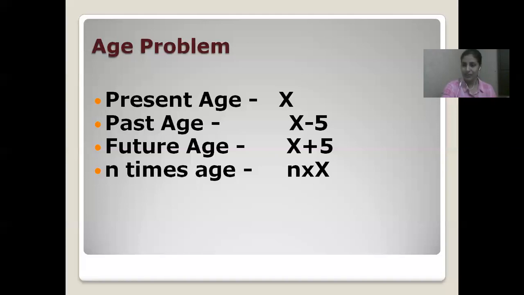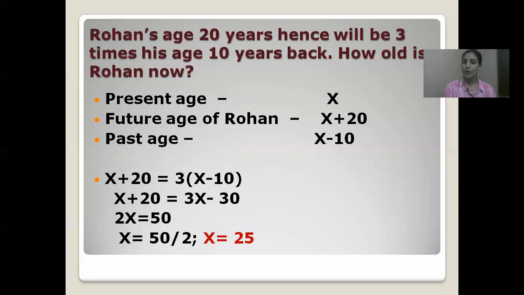So let's have a look at the problem. Rohan's age 20 years hence will be 3 times his age 10 years back. How old is Rohan now? So again, we are taking Rohan's present age as X. Then keep in mind that we are segregating the question into 3 parts. Rohan's age 20 years hence, that is the first part, and his age 10 years back, that is the second part.